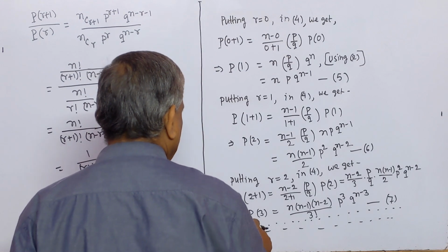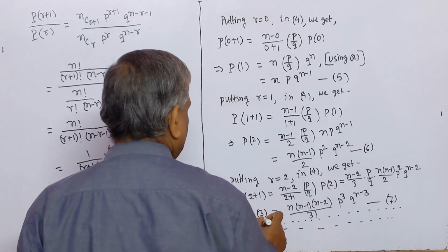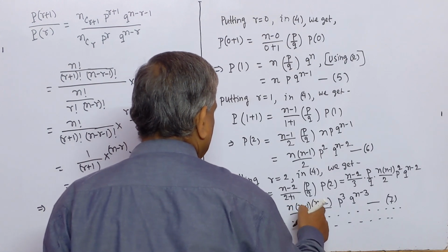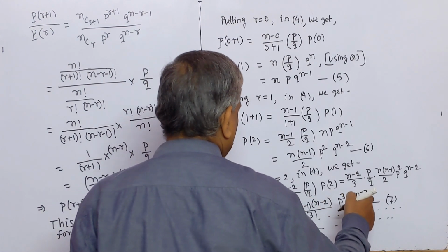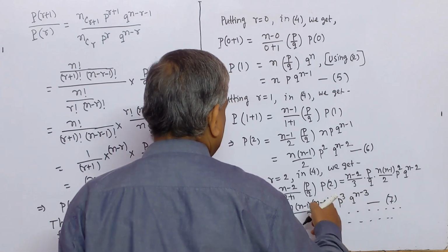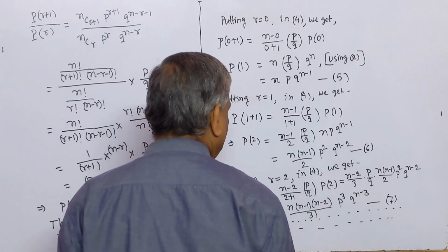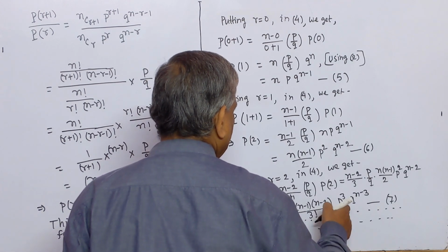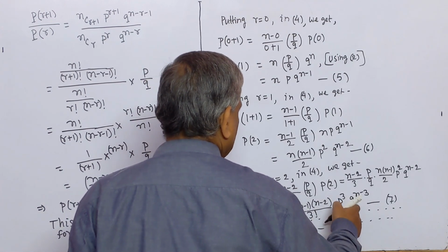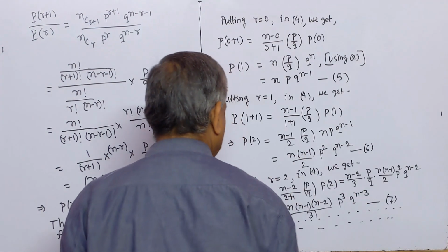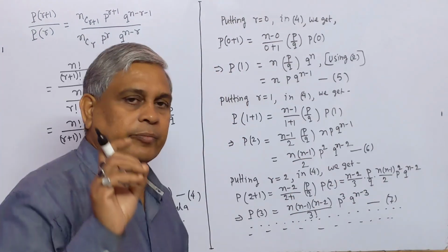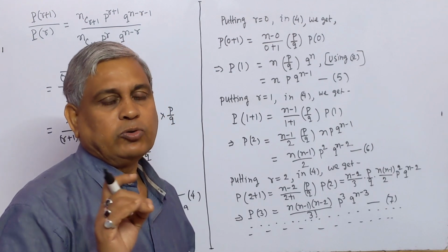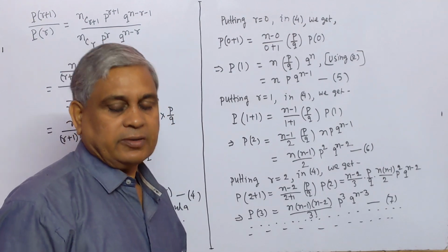Similarly, if we have PR, here n minus 1, n minus 2, n minus 3, dot dot, n minus (r minus 1), and here factorial r, p to the power r, q to the power n minus r. So we get the recurrence formula and use this to solve the problems.